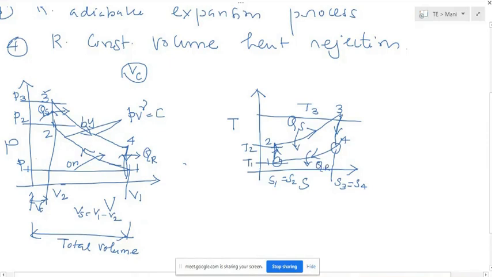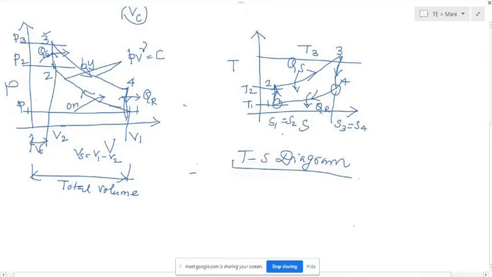I hope all of it is clear, how you can plot the PV and TS diagram, right? So this is the TS diagram, right? Okay. So now see, how can we derive the efficiency of an Otto cycle?